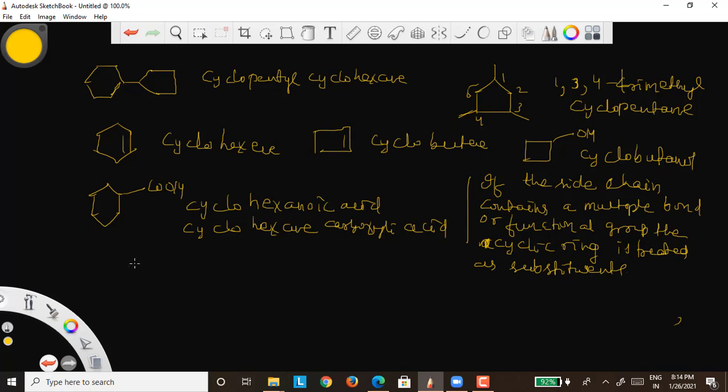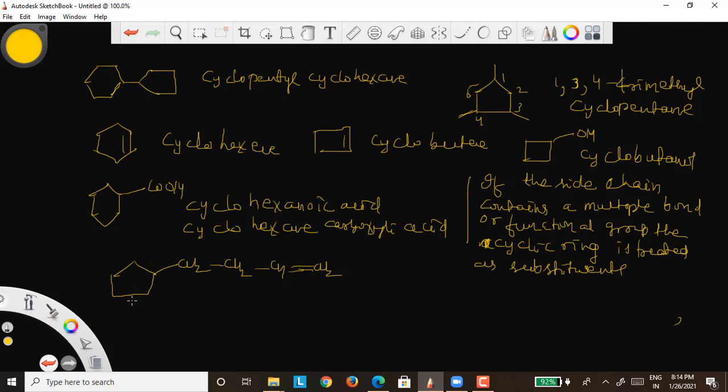So an example is like this. Suppose you take a 5-membered ring connected to CH2, CH2, CH double bond CH2. Now the aliphatic chain contains a multiple bond and this is connected to cyclopentane. So cyclopentane will not be your main functional group. Your alkene will be the main functional group.